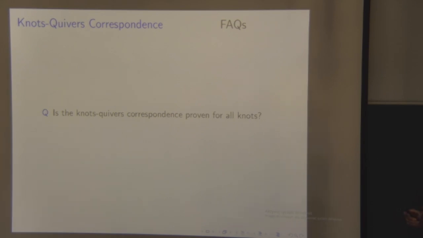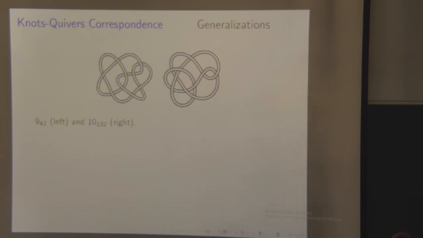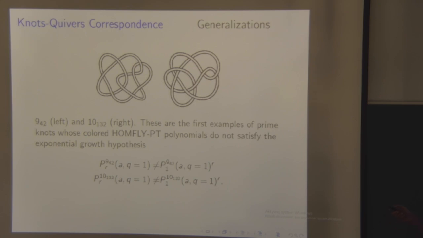Is the knots-quivers correspondence proven for all knots? So spoiler alert, no. This is a generalization of the knots-quivers correspondence. These two are what are called thick knots, thick homology knots, whose colored HOMFLY-PT polynomials do not satisfy a property called the exponential growth hypothesis.